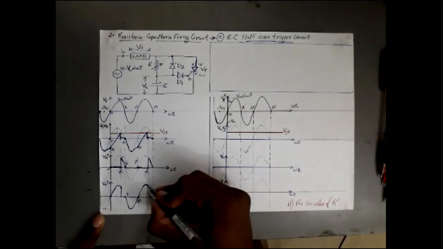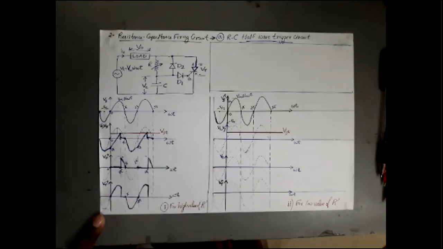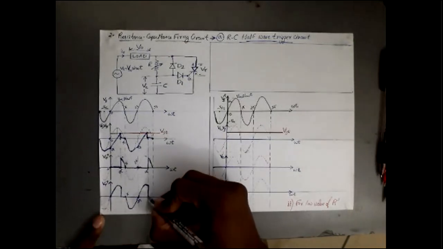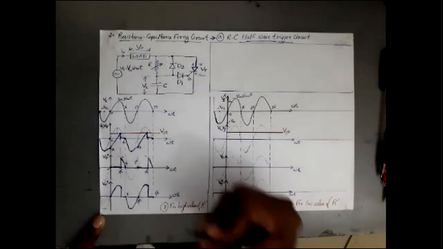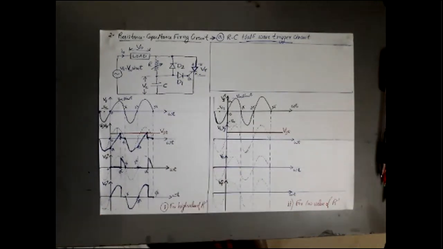So my SCR gets turned on at alpha, acts as a closed switch, and zero voltage will appear across my thyristor. Voltage suddenly drops to zero value, and it goes on conducting up to 3 pi. Hope it is clear for you, and this cycle continues.